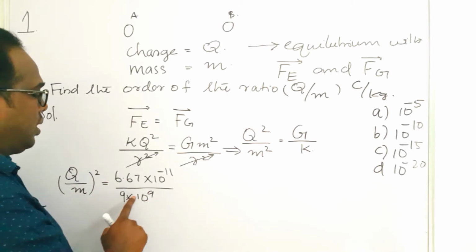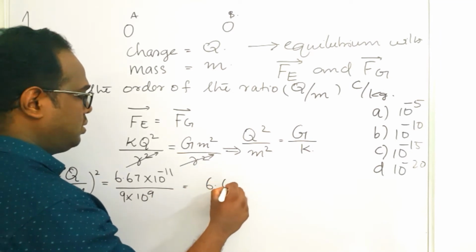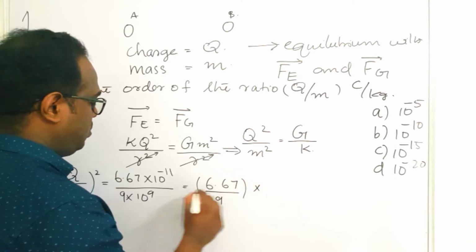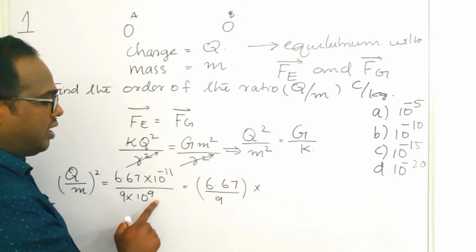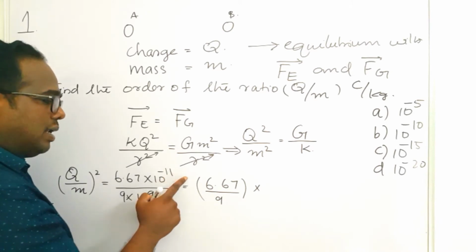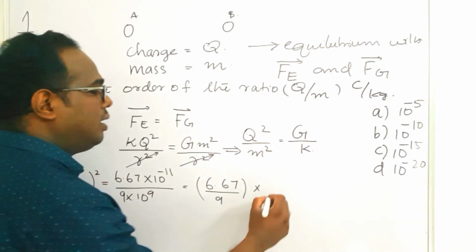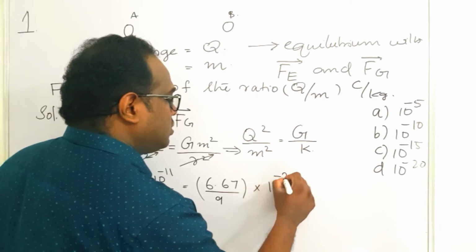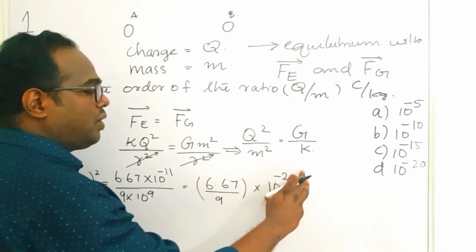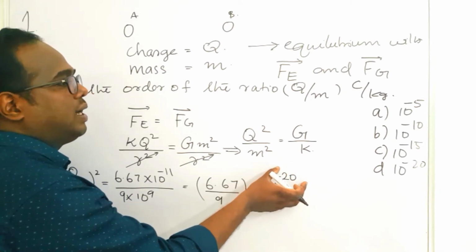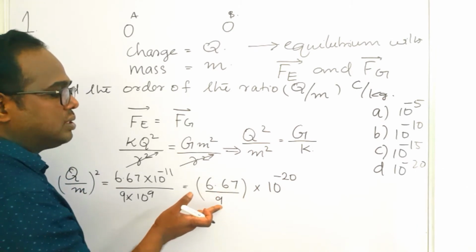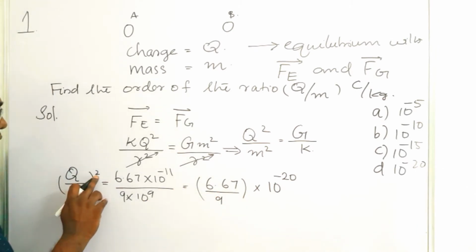So this you can write as 6.67 divided by 9, and the 10 raised to 9 will go to the numerator and become 10 raised to minus 9. 10 raised to minus 9 plus 10 raised to minus 11 is 10 raised to minus 20, right? We need only the order, okay? We have to find the power of 10 raised to what power? That is the question. So we don't need to do this calculation. So this is square, right?